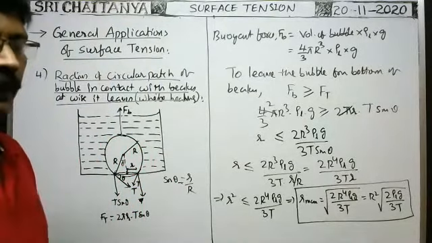So you take cos theta. Cos theta is equal to adjacent, R minus h, by hypotenuse, capital R. So theta is equal to cos inverse of (R minus h) by R. So this is the answer.